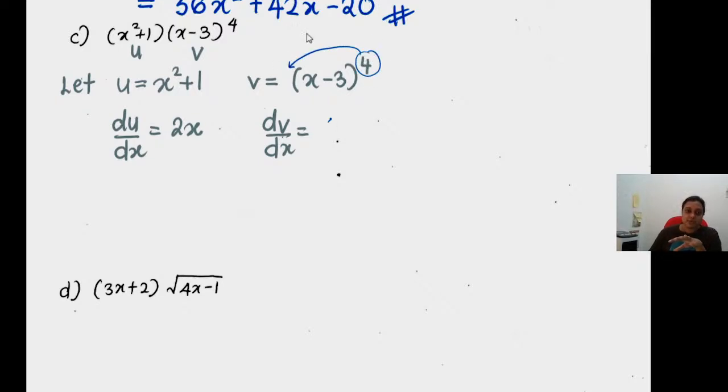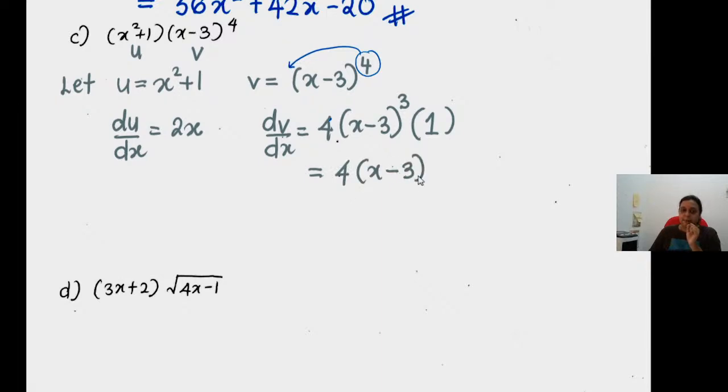This is going to be 4 times x minus 3 power of 3. Differentiate whatever is inside the bracket. So when we differentiate inside the bracket, we will get 1 because we're differentiating the x only. Take the front number times the back number. So we will get 4 times x minus 3 power 3. Okay, finish. This is your dv dx.